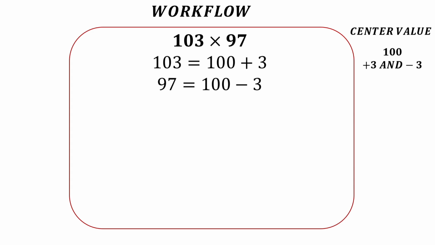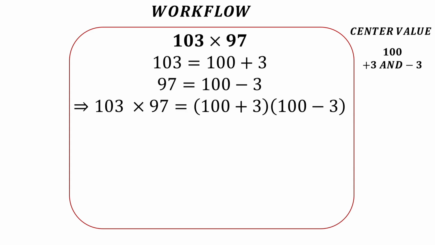We have to do it this way so that we can get the right format. So if you have 103 times 97, we can rewrite it as 100 plus 3 in one bracket, multiply 100 minus 3 in another bracket.